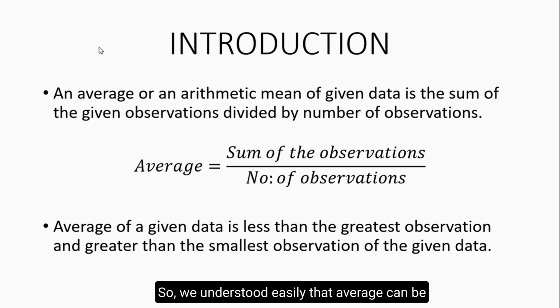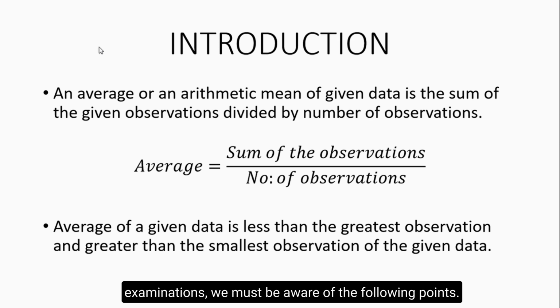So we understood easily that average can be obtained using the formula sum of the observations divided by total number of observations. Whenever we compute average in any of the examinations, we must be aware of the following point.